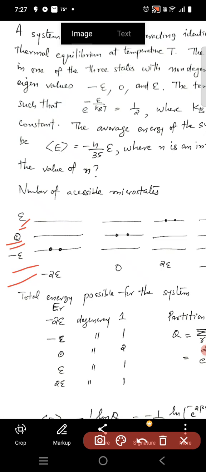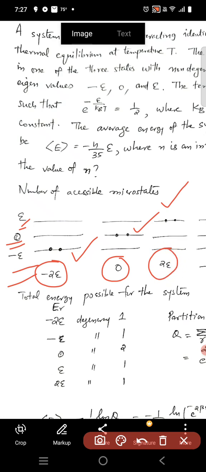Here we can see the two particles in the energy level minus epsilon. So their total energy is minus 2 epsilon. Here the two particles are in the energy level 0, so the total energy of the system is 0. Here the two particles are in energy level epsilon, so the total energy is 2 epsilon.